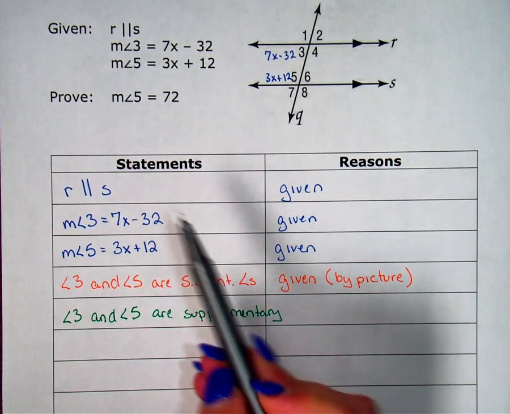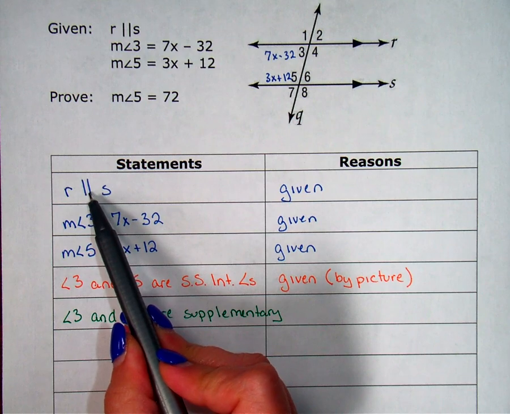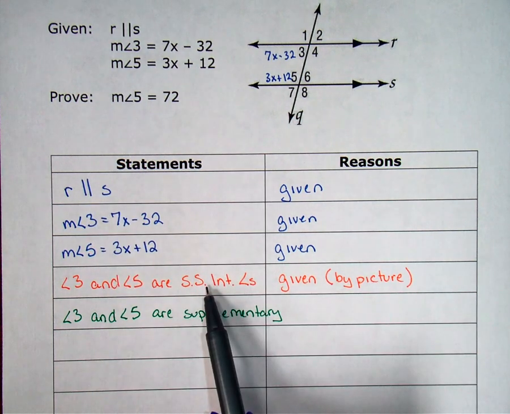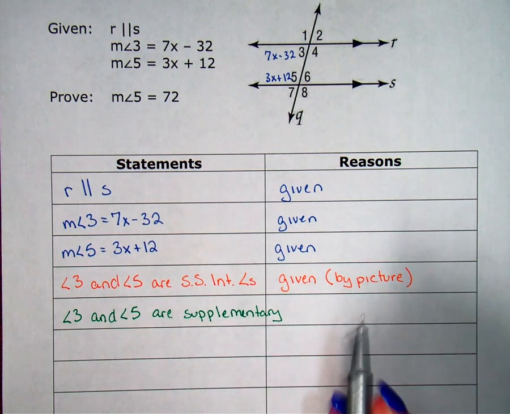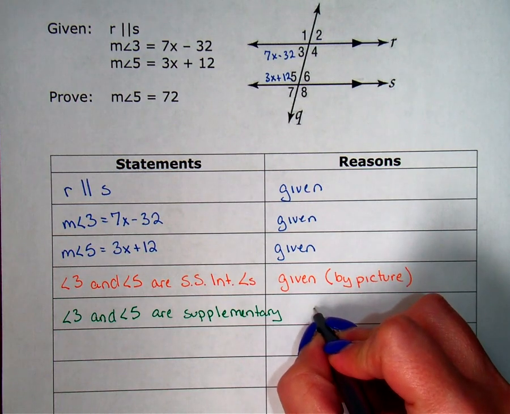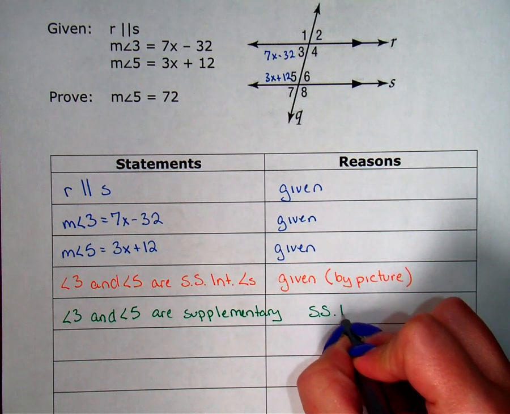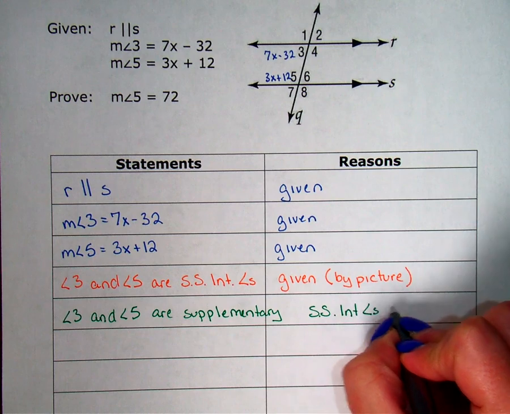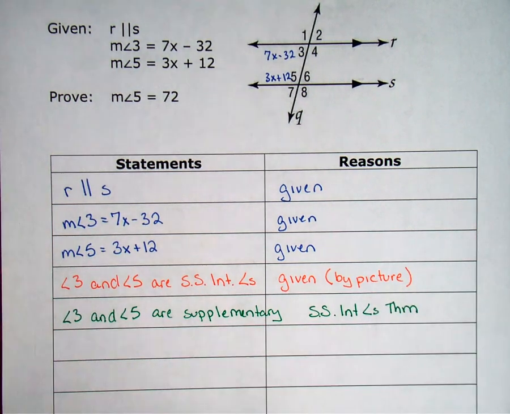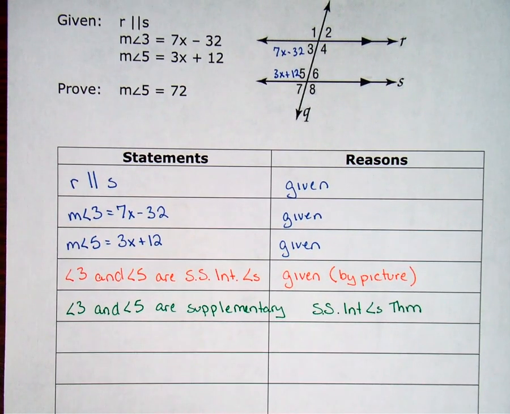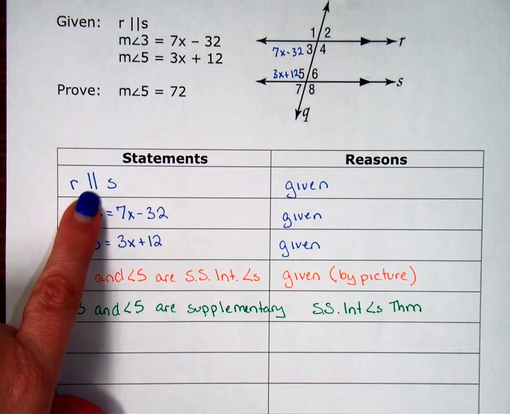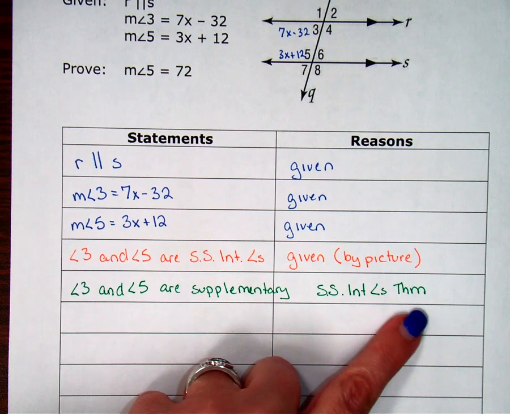Because if I have parallel lines, then my same side interior angles are supplementary. That is the same side interior angles theorem. Okay? Remember, the converse is used to prove I have parallel. I'm not trying to prove I have parallel. They already told me I have parallel, right? So I'm using the theorem.